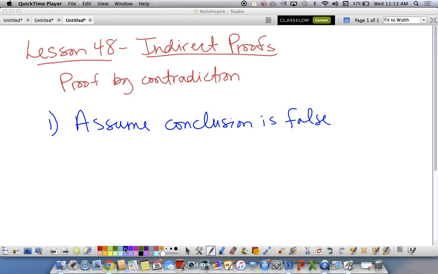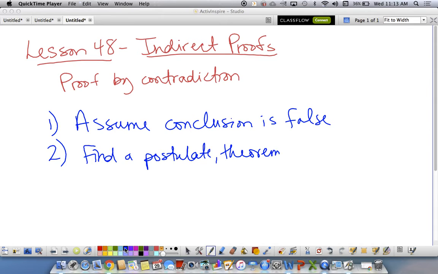Okay? What was our second step? We've written out the official rules. So we're going to find a postulate, theorem. Could it be a definition? Yes. Could it be a property? Yes.